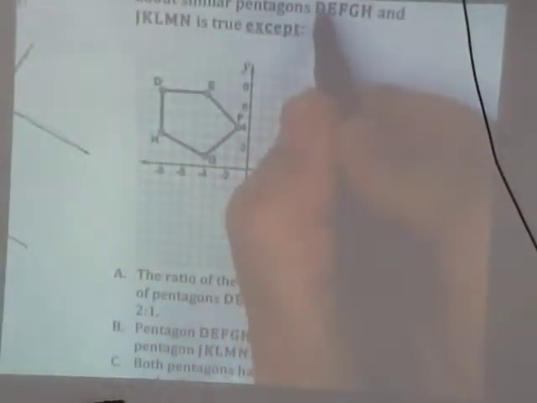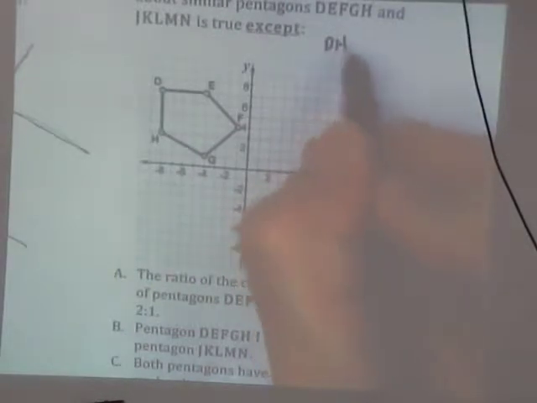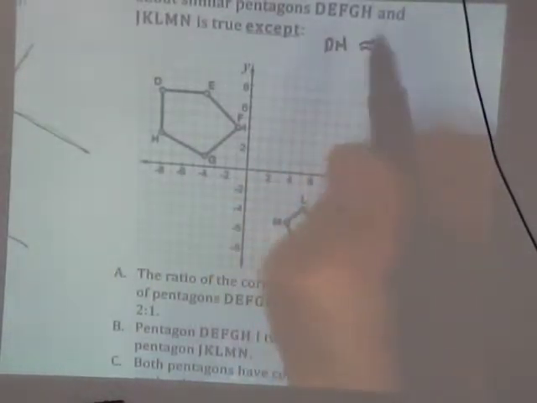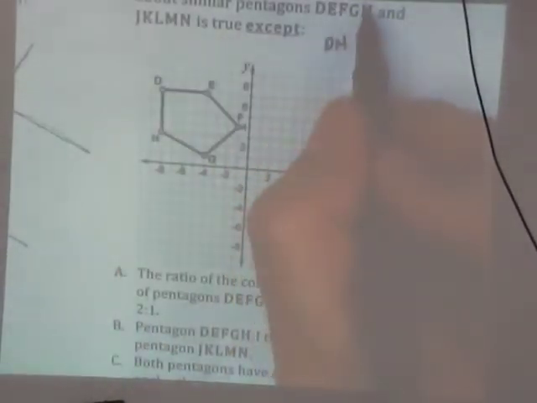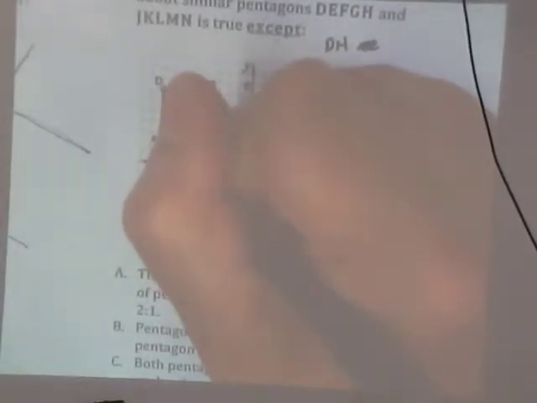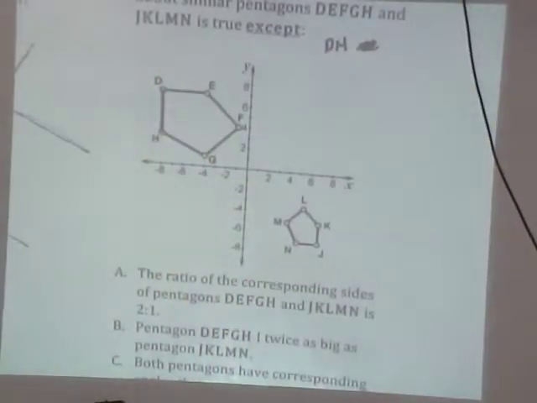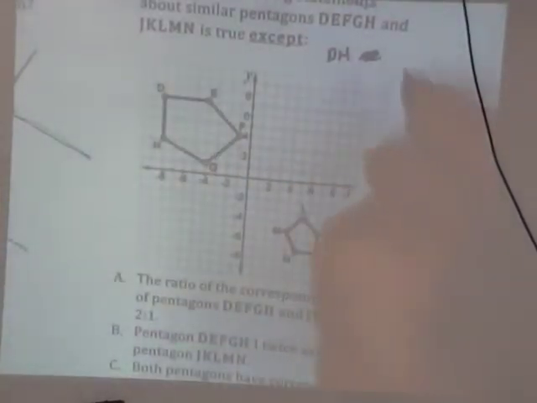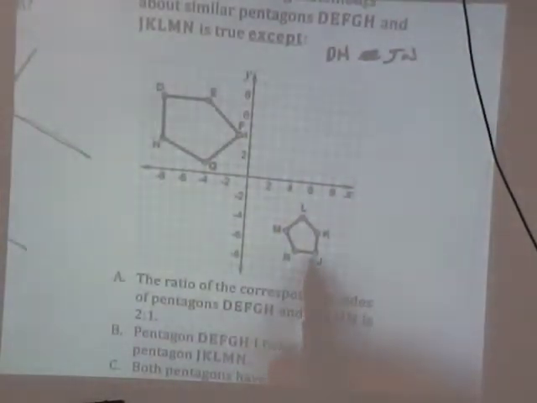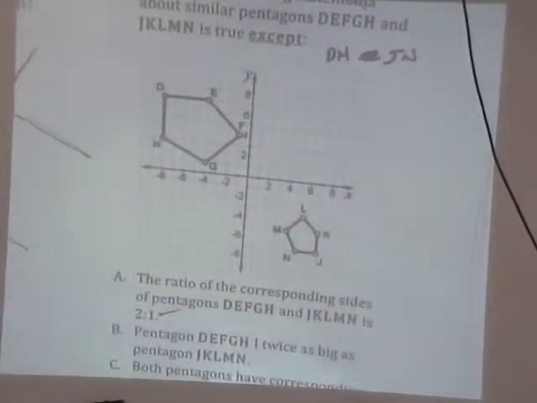It says segment DH corresponds to JN. How long is DH? 1, 2, 3, 4. And JN is 1, 2. So 4 to 2 is the same thing as 2 to 1. That works.